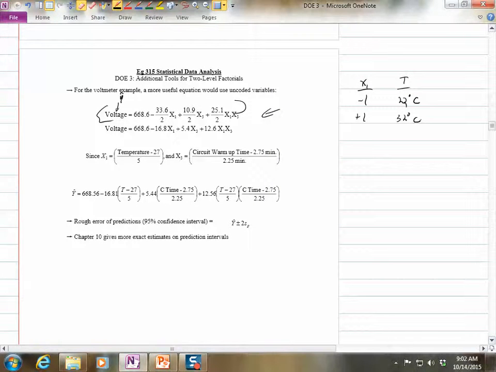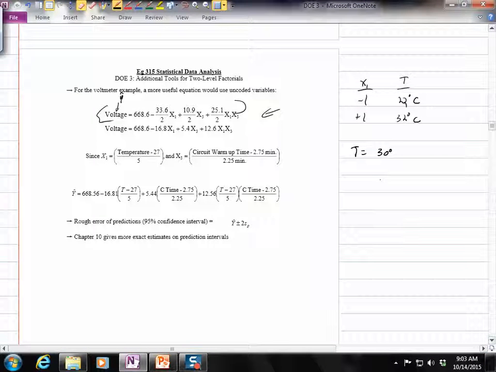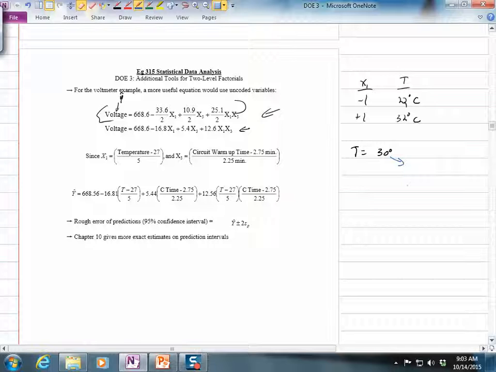If we wanted to run an experiment at, say, 30 degrees, and I wanted to predict what the voltage would be at 30 degrees, in order to use this model, I need to convert that 30 degrees into a coded value, right? So this x1 is a coded value. It goes from -1 to +1.